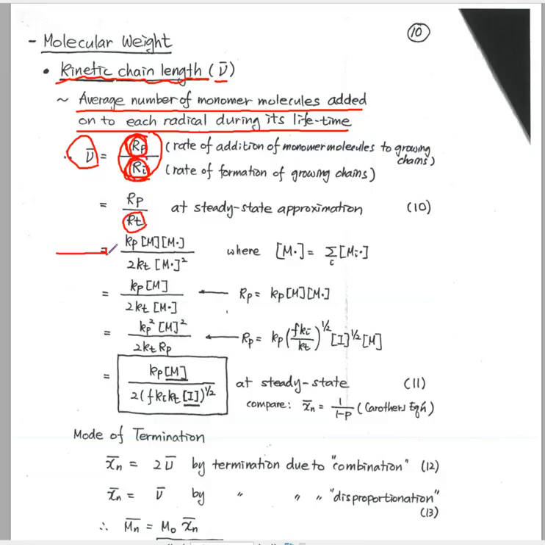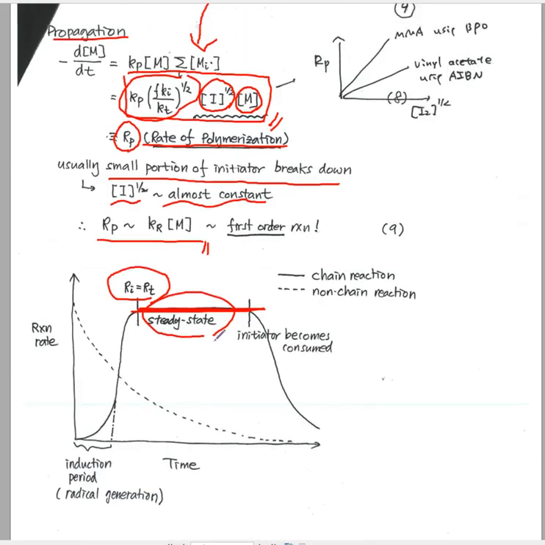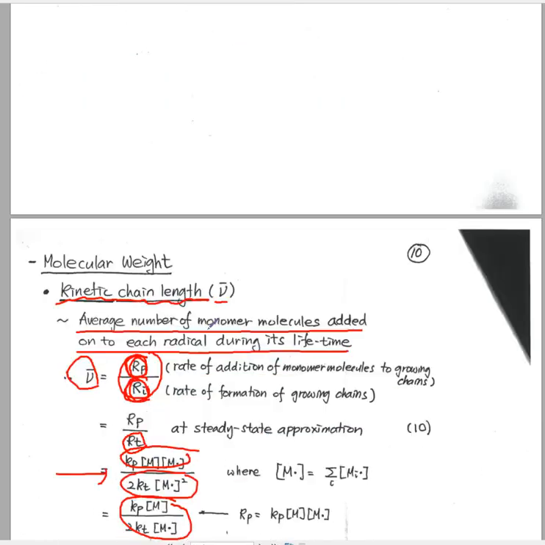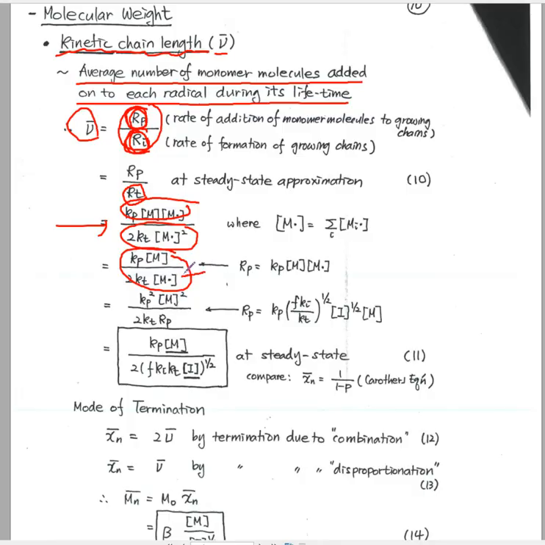So you can put the Rp here and Rt here, then you basically have these expressions. Then by using the expression for M dot that we obtained here, this equation 7, we can put that equation 7 into here, then you can get these expressions.